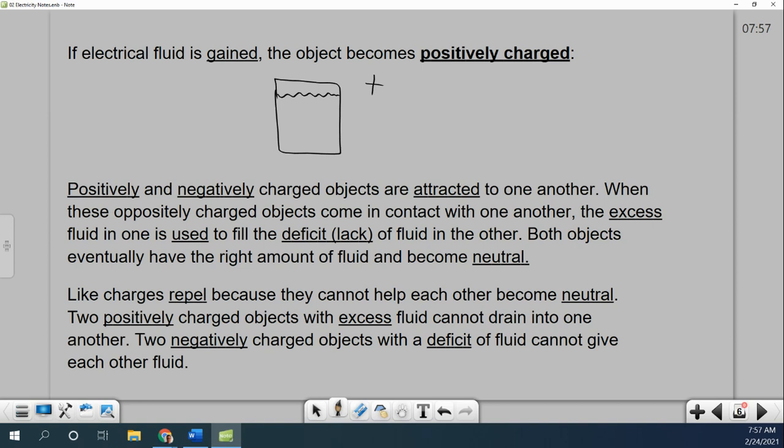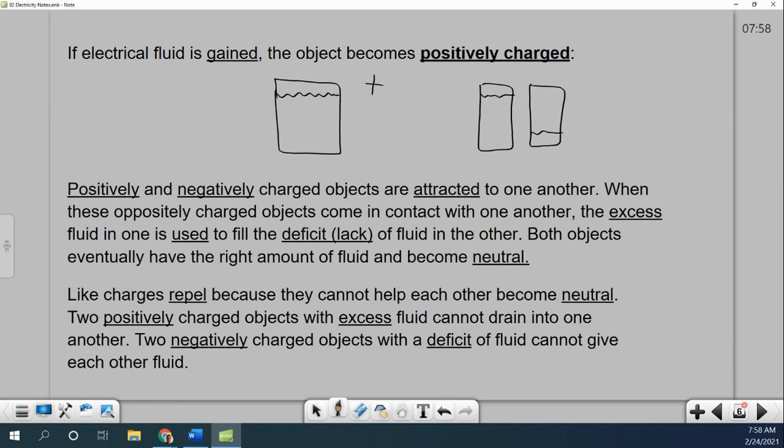So Benjamin Franklin comes along and says, well, here's the deal. Positively and negatively charged objects are attracted to one another, and this is because when these oppositely charged objects come in contact with one another, the excess fluid in one is used to fill the deficit of fluid, the lack of fluid, in the other. So I've got a full object, I've got an empty object, and they're not happy like this.